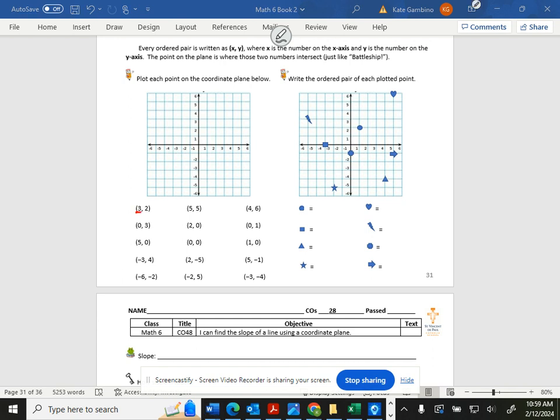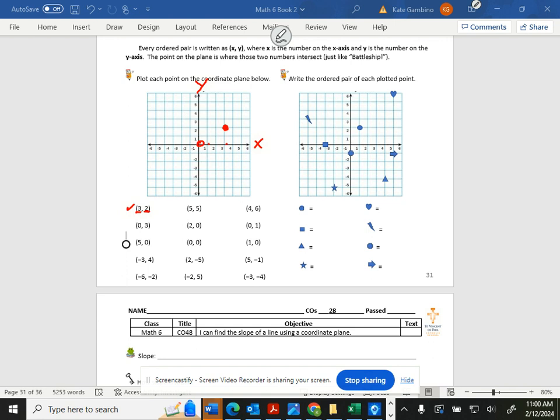The 3 is our x, so you can write your x, y so you remember. I'm going to always start at 0, and I'm going to go over 1, 2, 3. Now my y is 2, so I go up 1, 2. So my first point, I'm just going to draw my circle right at that intersection.